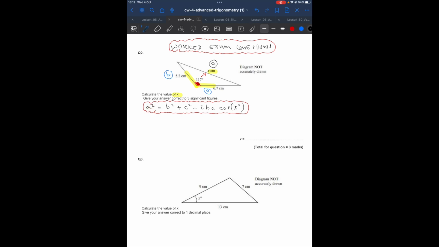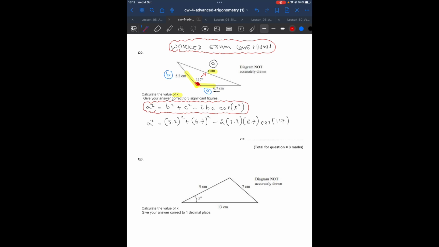So our next stage in the working, we do the substitution. A squared equals, B is 5.2, so 5.2 squared. C is 6.7, so 6.7 in a bracket squared, minus 2, and then B and then C. So again, the B is 5.2 in its own bracket, and the C is the 6.7, which goes in its own bracket, cos 117.